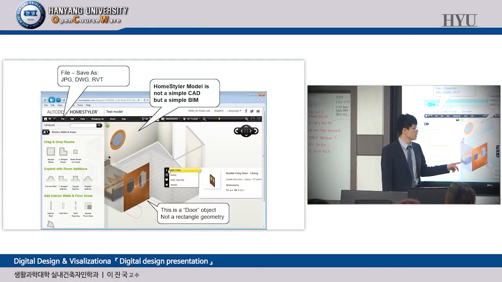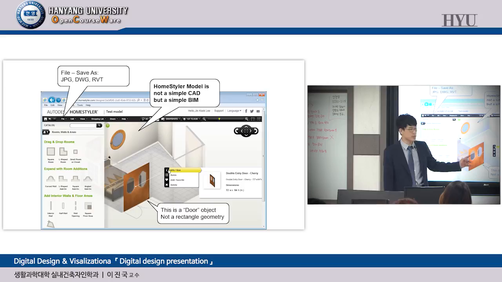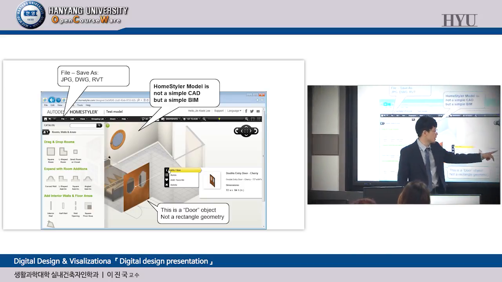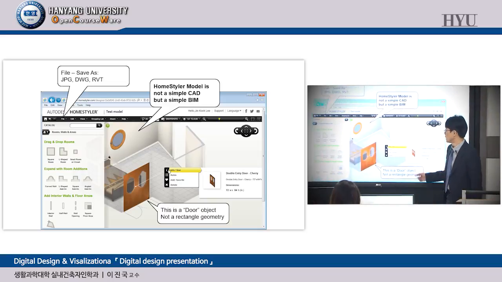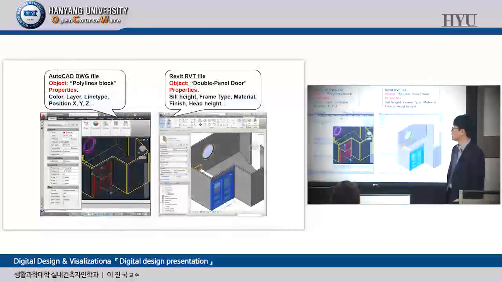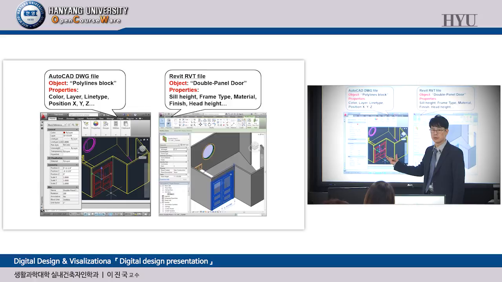In HomeStyler, if you click this door object, take a look. Double entry door, cherry color. Simply, HomeStyler knows something about this door. You can extract geometry into a DWG CAD file.